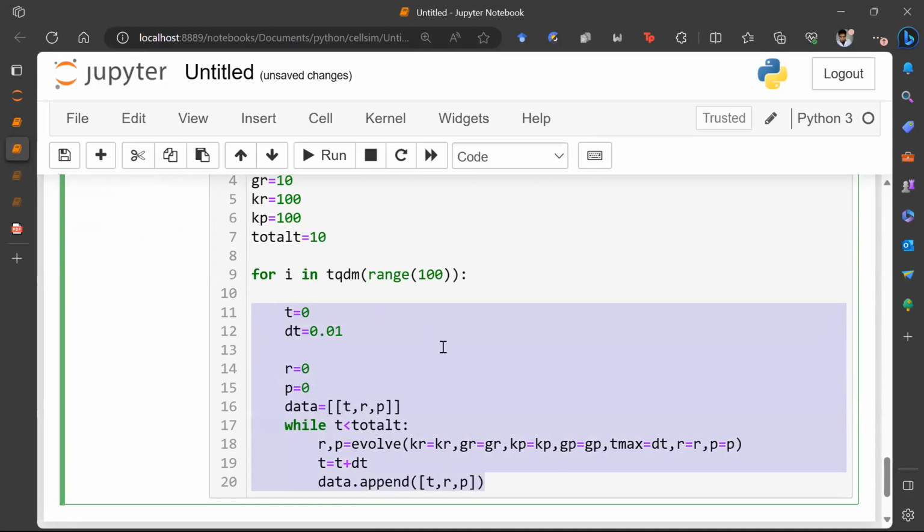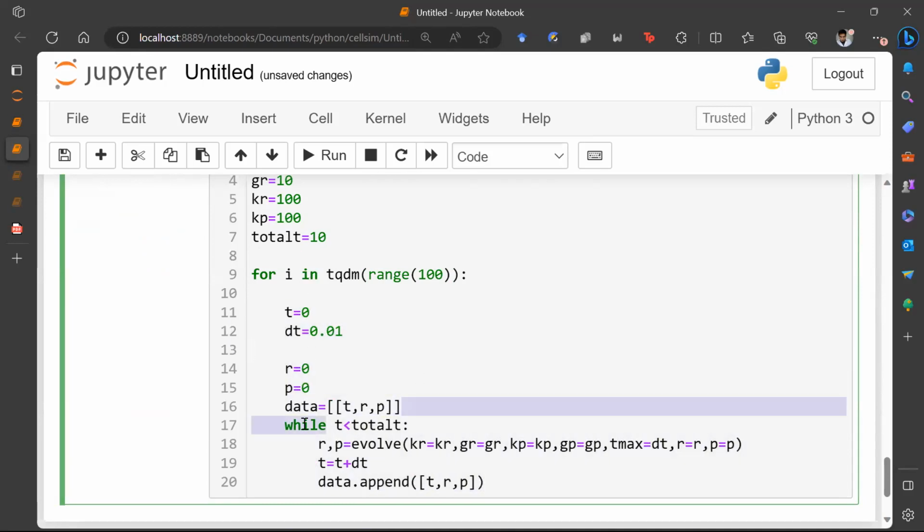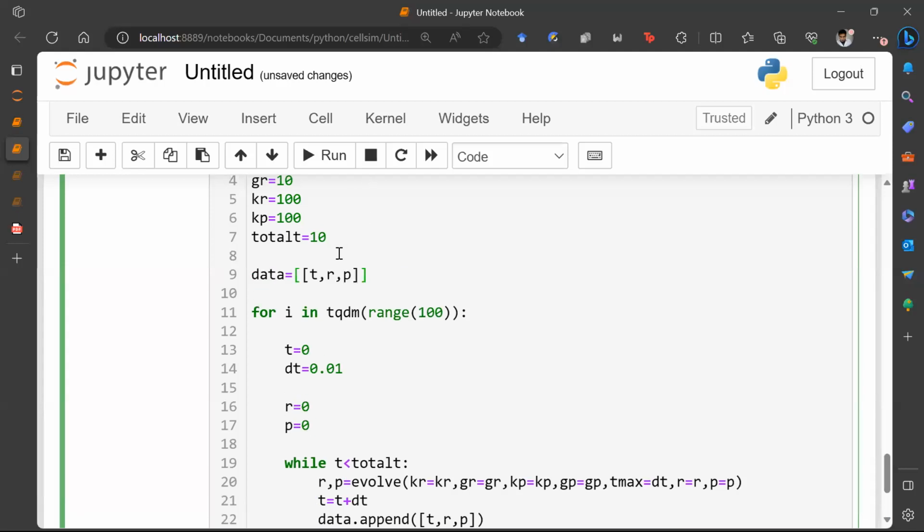So I perform the same, but here I have to start with an empty array for data.